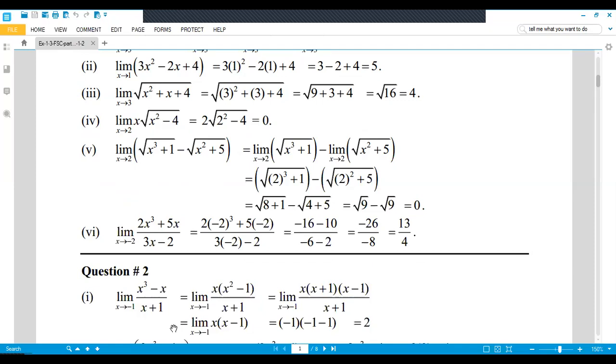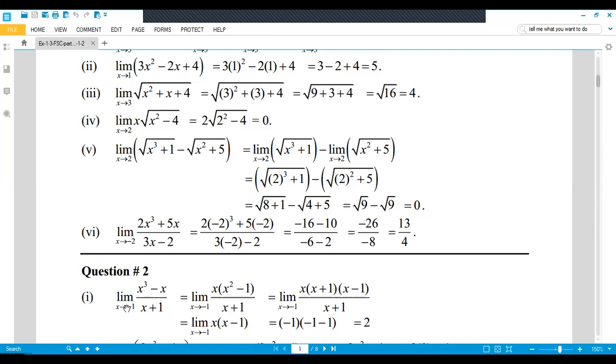Now in question number 2, evaluate each limit by using algebraic techniques. Means that for algebraic techniques in the question, your book should be in your hand, then you can easily understand the question statement. Evaluate each limit by using algebraic techniques. Means that first you factorize it by algebraic rules and after that you apply the limit.